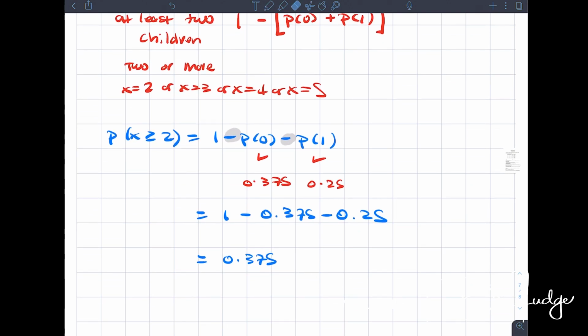I got 0.375. Let's see if I could get a nice rectangle. And as we knew, this is 37.5%. 37.5% of you guys in this table who responded have at least 2 children. So this is how we handle the at least 2 situation using the complement rule.